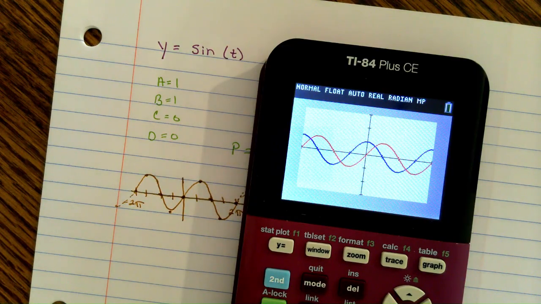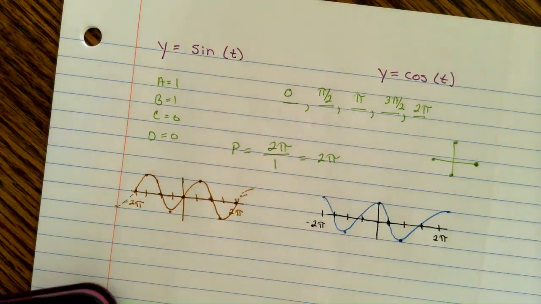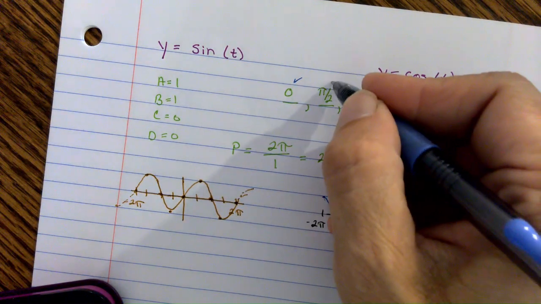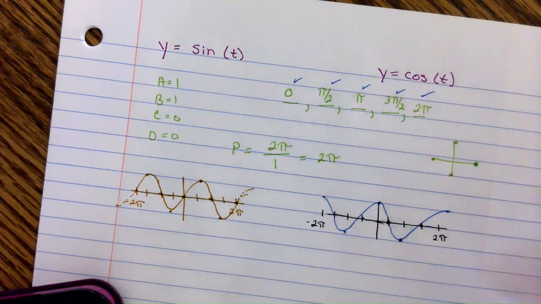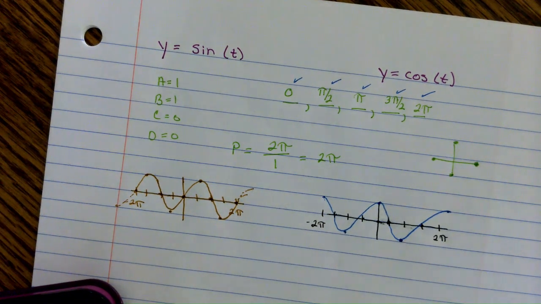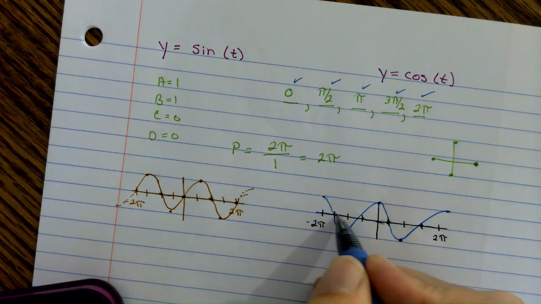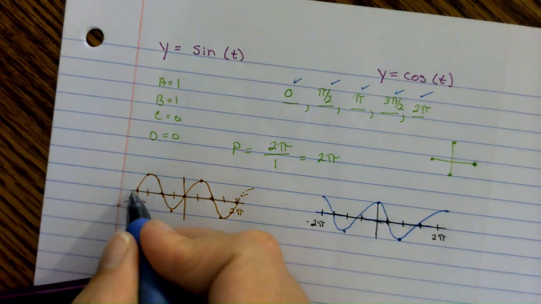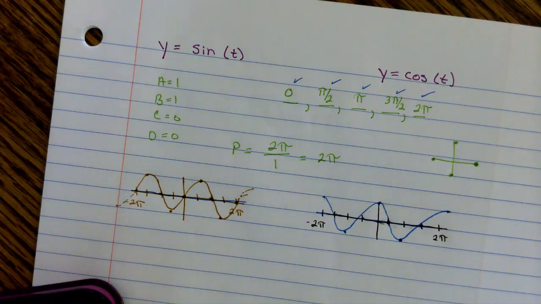And that's the case, right? So if you know your 5 key values, it'll either be the center line, the maximum, or the minimum. See how they oscillate around 0? All right, so let's test this out.